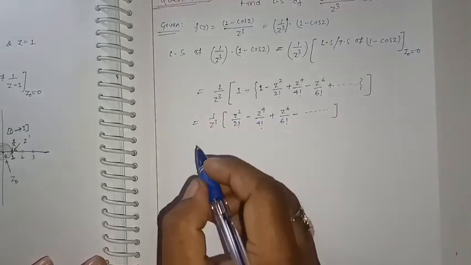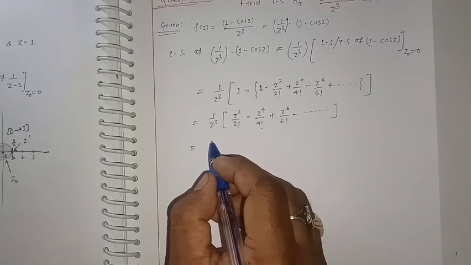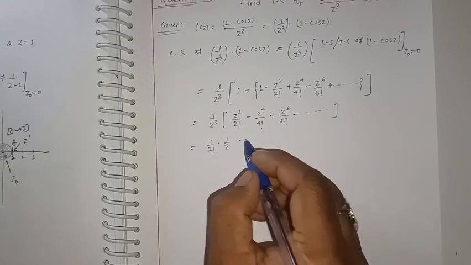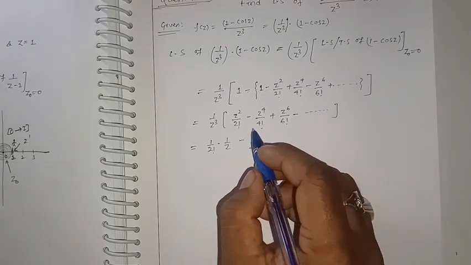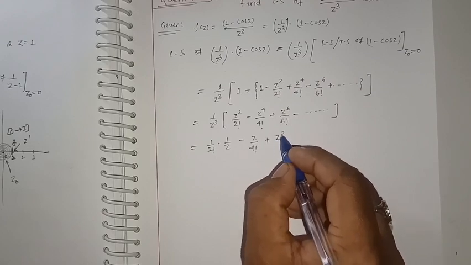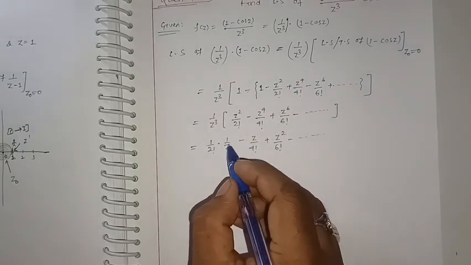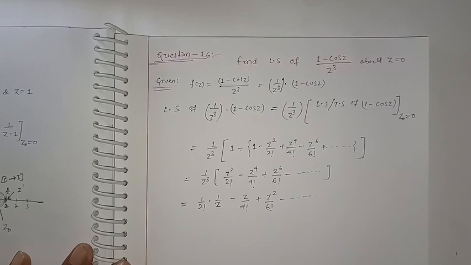Then again, 1 by z cube, if it is multiplied, we find this will be 1 by 2 factorial into 1 by z, minus z by 4 factorial, then plus z square by 6 factorial, minus and so on. So this is our required Laurent series of this given function about z equal to 0.